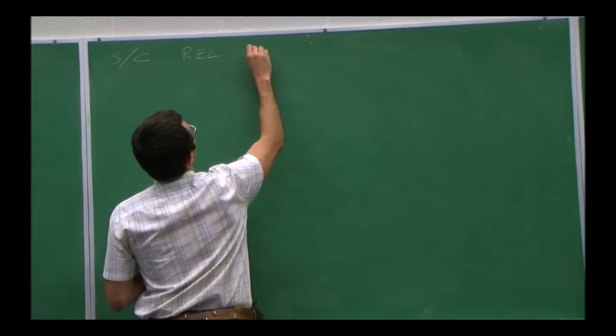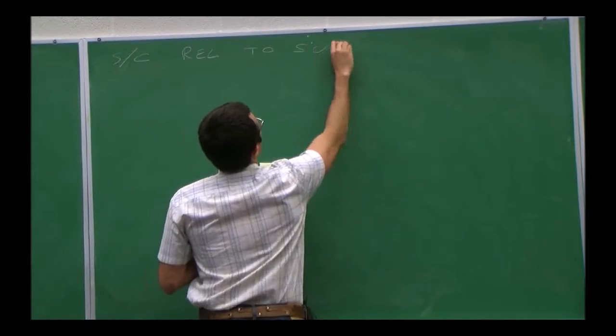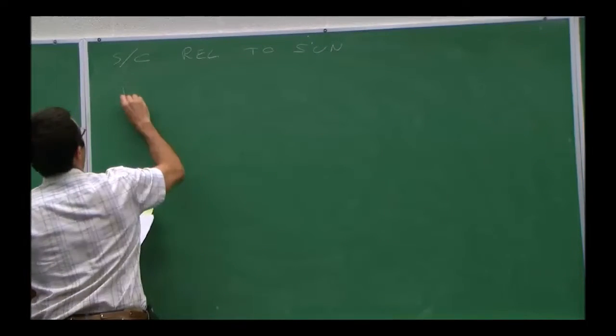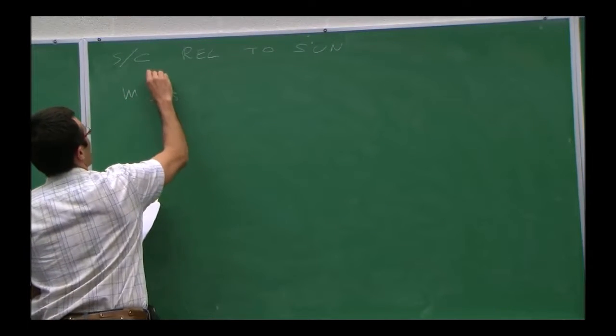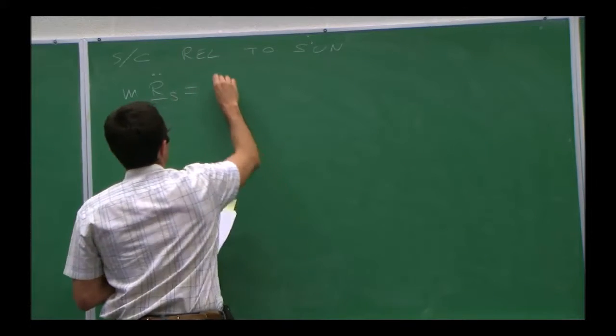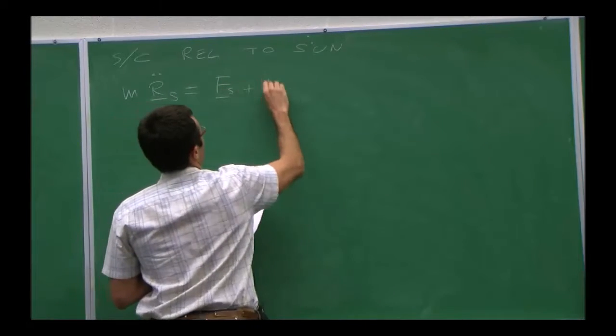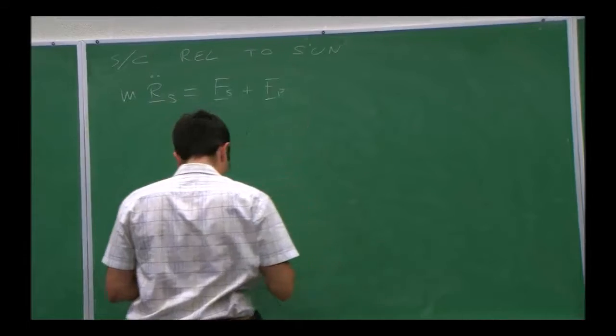The first one is how the spacecraft is moving relative to the sun. And that equation is going to be m Rs double dot, which is equal to Fs plus Fp. Those are the forces, right?